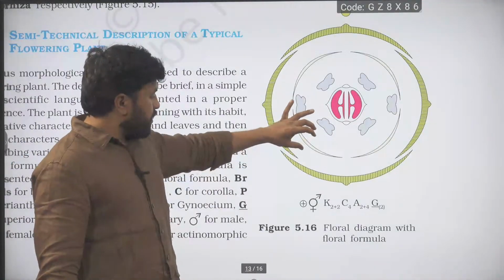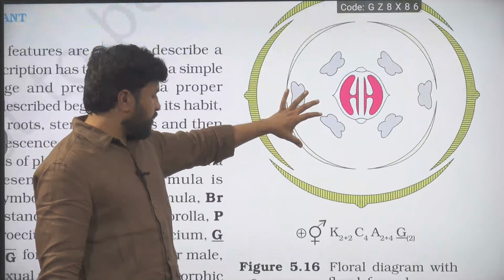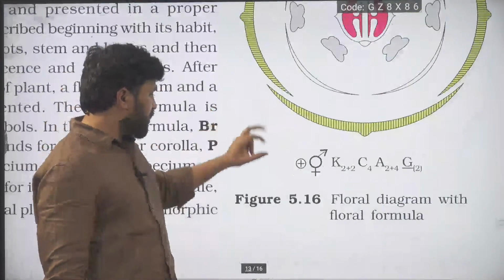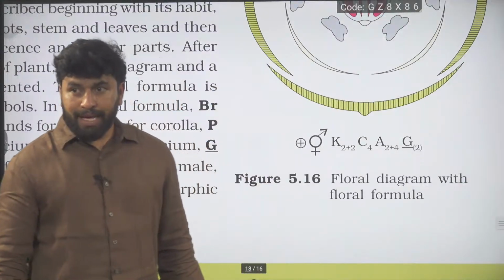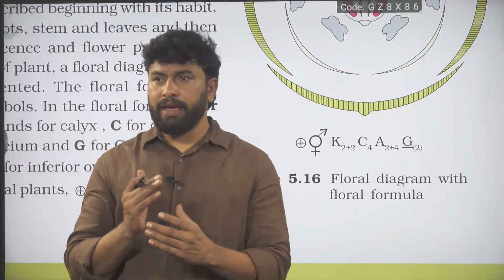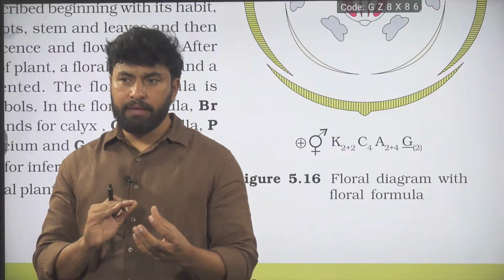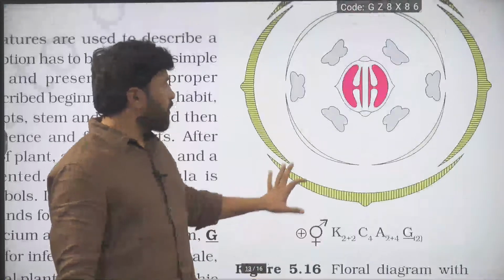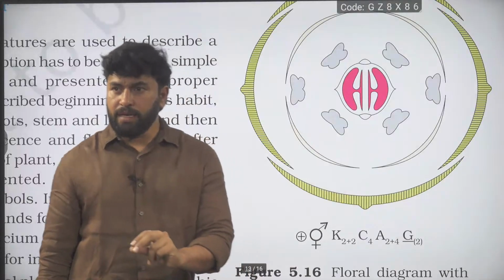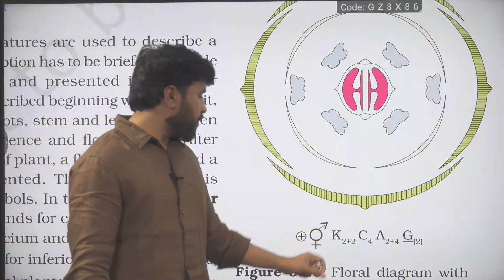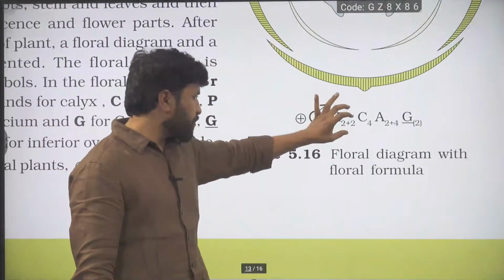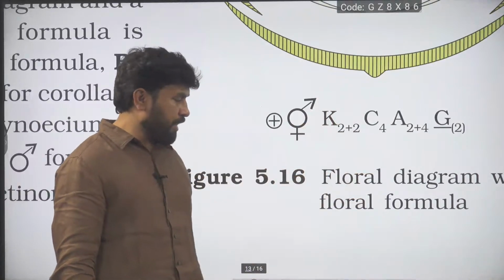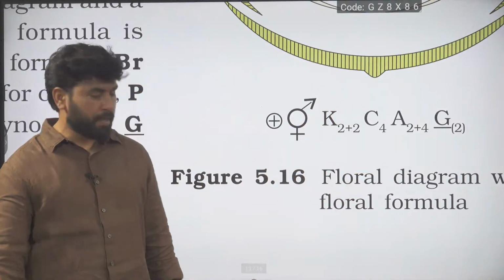In our NCERT book, they have given a family called Brassicaceae for the example of floral diagram and floral formula. See, this is the floral diagram for Brassicaceae members and this is the floral formula for Brassicaceae members. Check this floral diagram and let us go step by step.